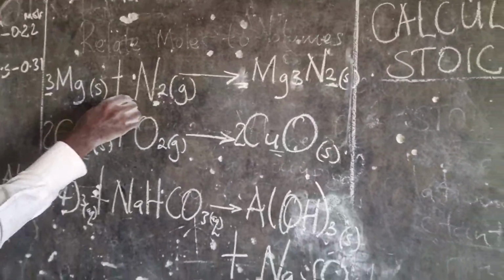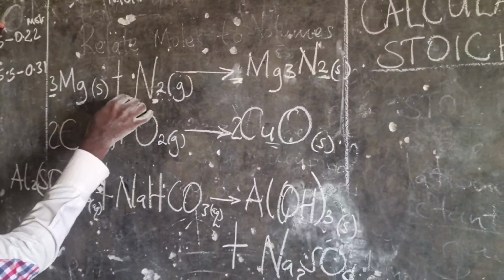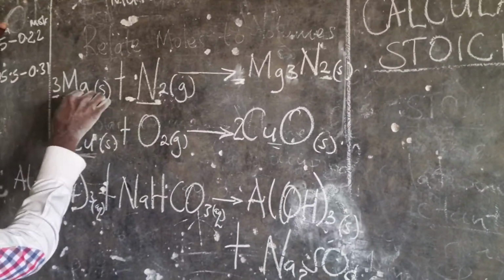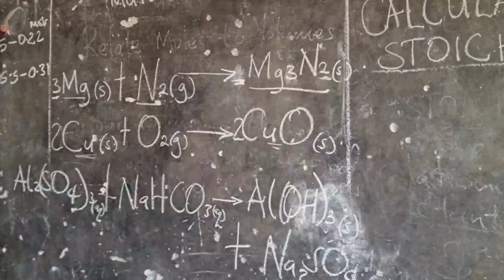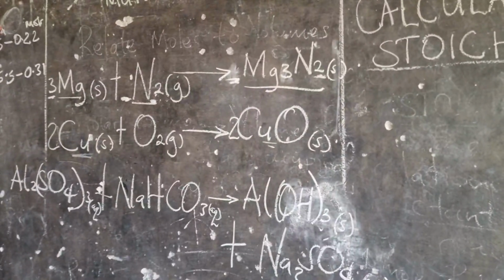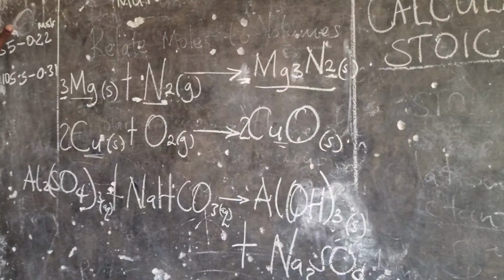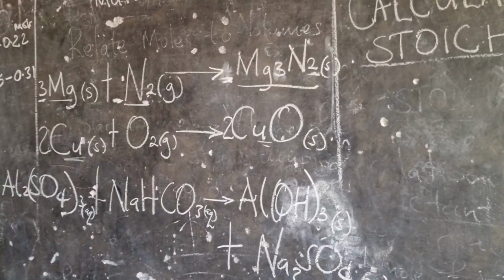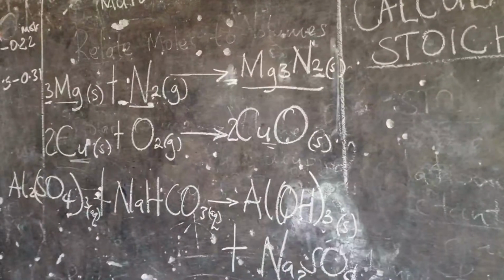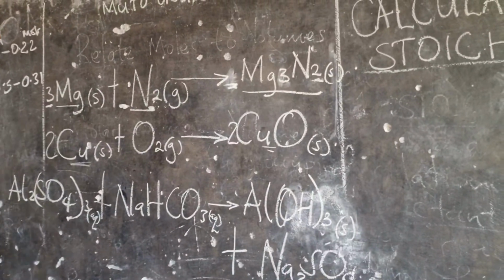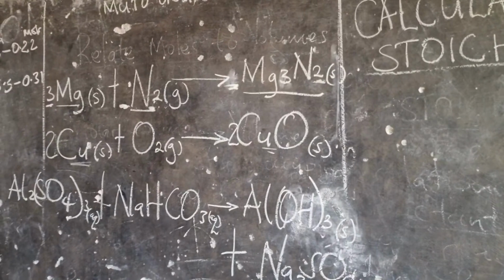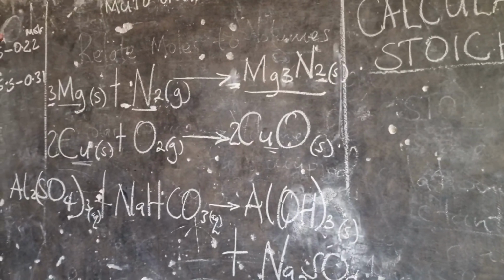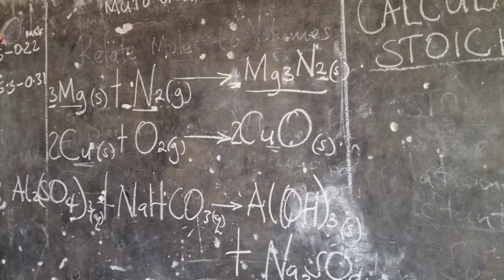The numbers before the chemical species on the reactants and the product side are very crucial. We are now going to bring the other concepts we've been looking at into equations, but the equations must be stoichiometric equations, well balanced.